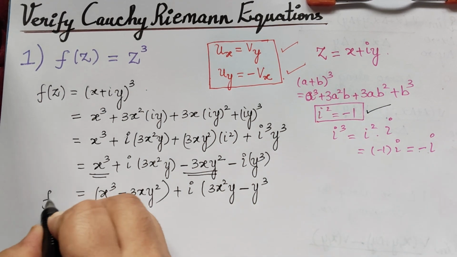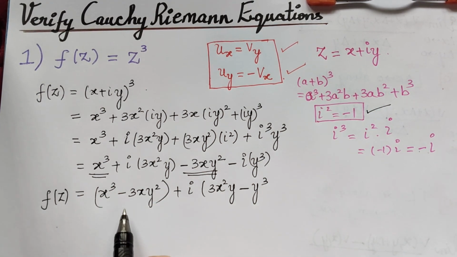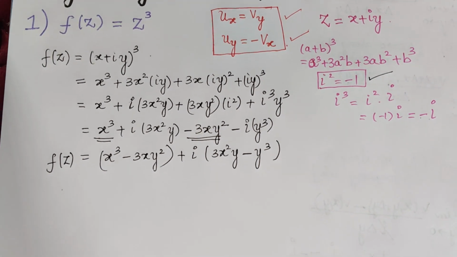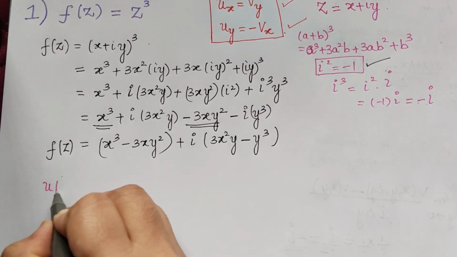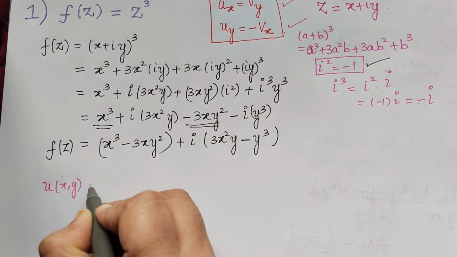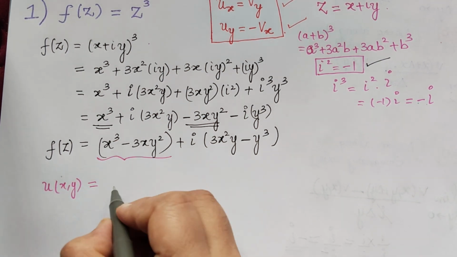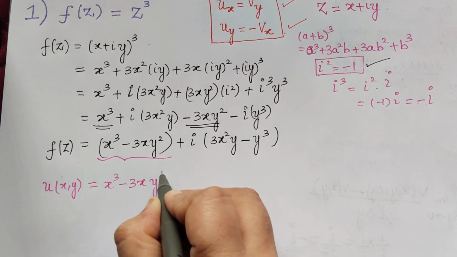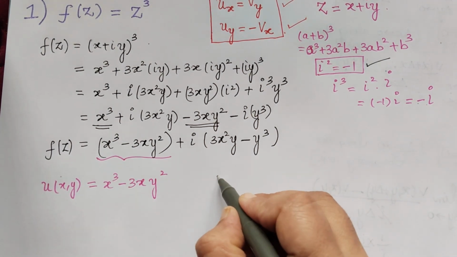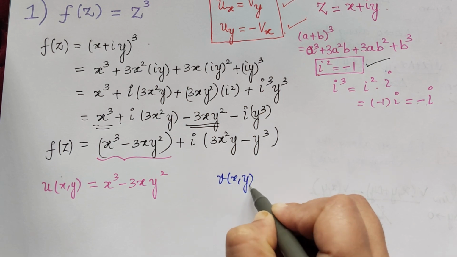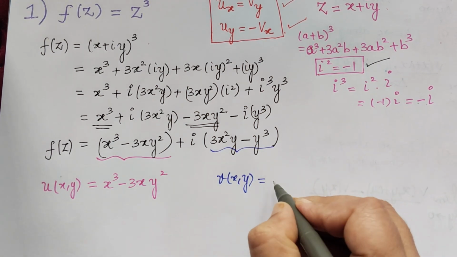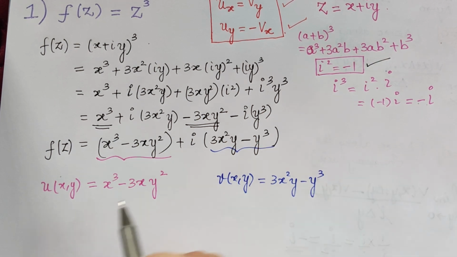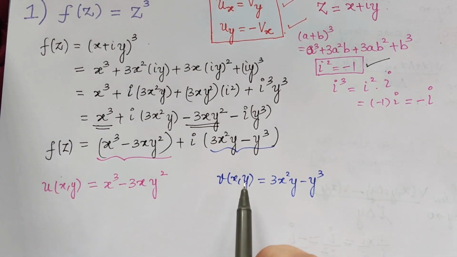Now we have written the function f of z in the form u plus iv, where u of x comma y is the real part, which is x cube minus 3xy square, and v of x comma y is the imaginary part, that is 3x square y minus y cube. In short, we can say this as u and this as v.